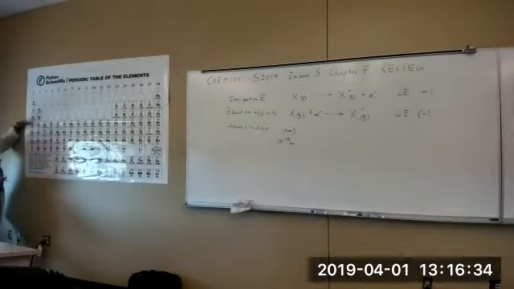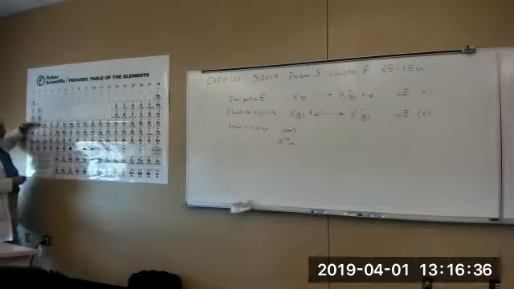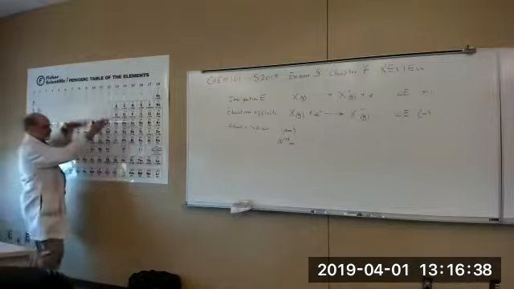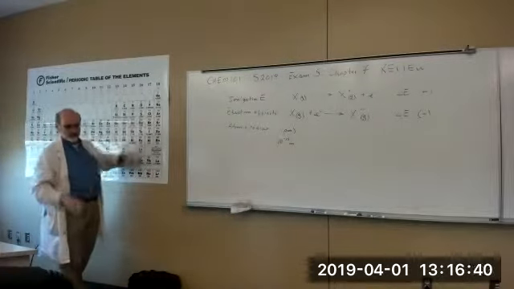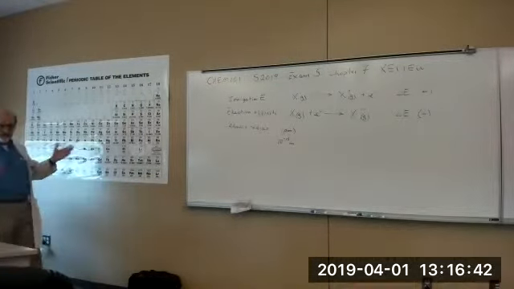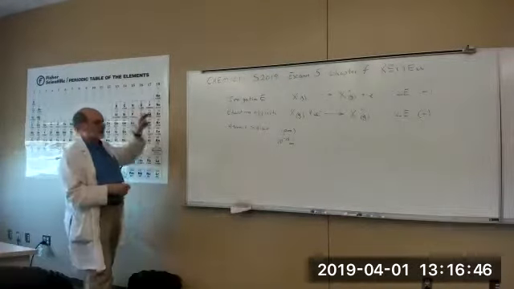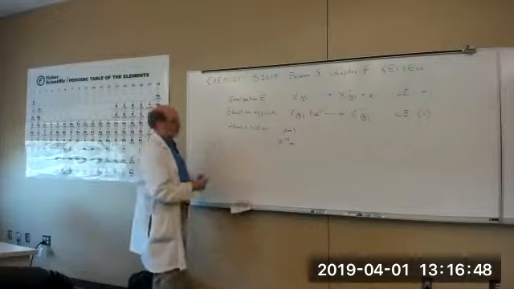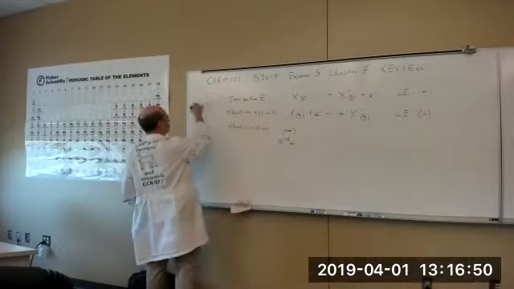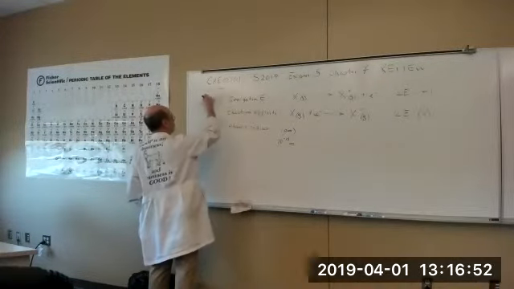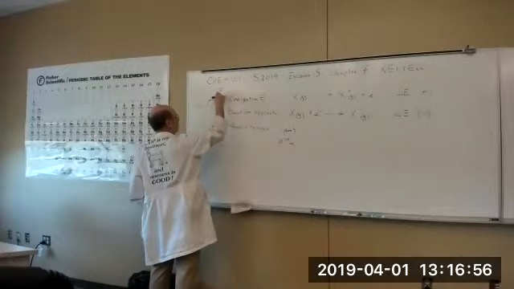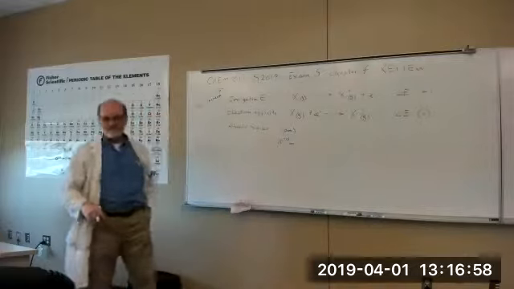As you go left to right, it takes more energy to expel the electron. So as a trend over the entire table, from lower left to upper right, ionization energy increases. Okay?